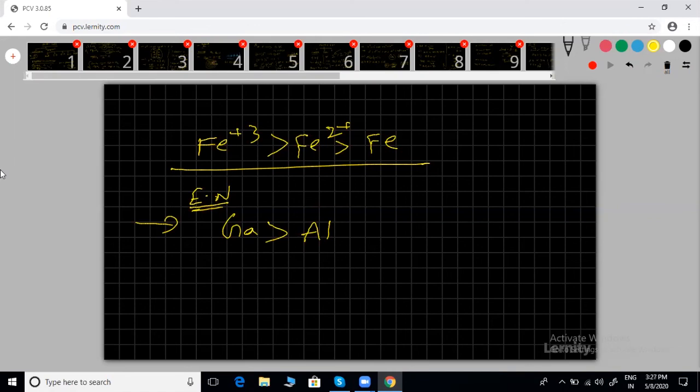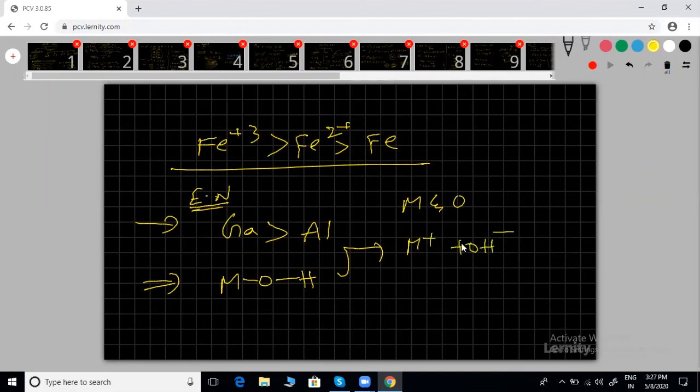So based on electronegativity difference, we can express acidic character, and basic character also we can discuss. Take MOH. If the electronegativity difference between M and oxygen is more, then I can break easily here, and we get M+ and OH-.